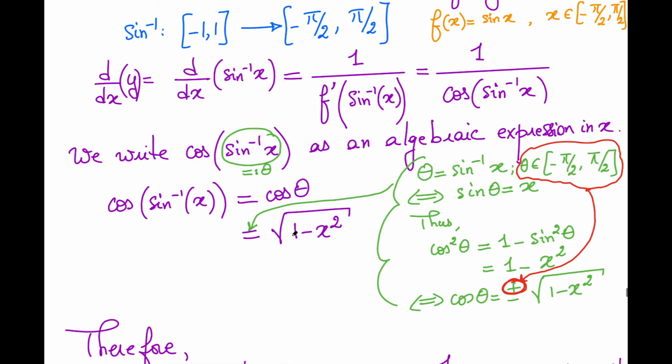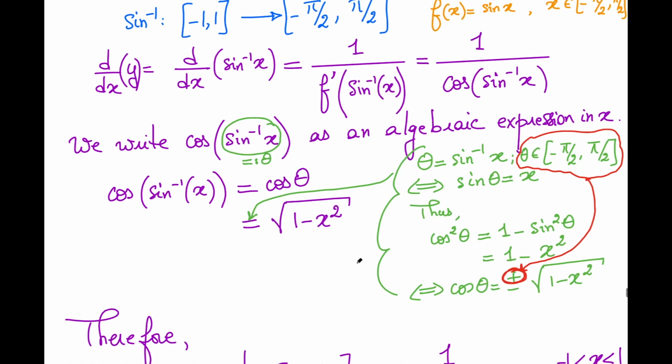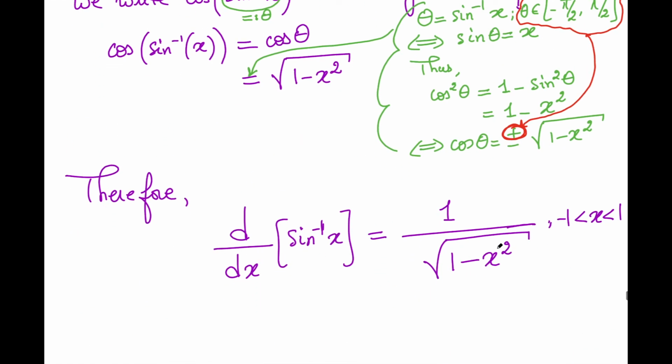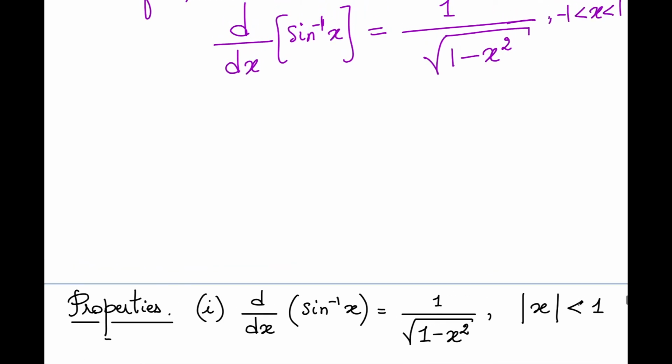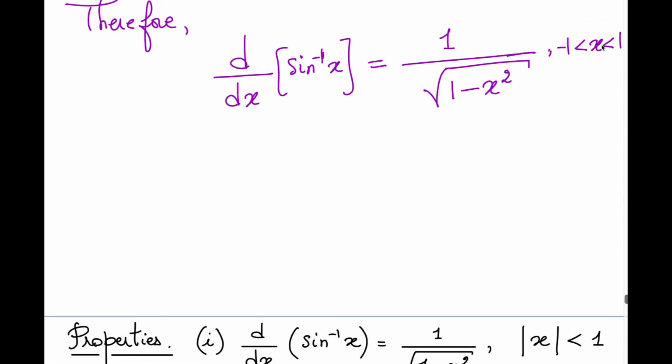It's 0 when x is minus 1, and it's 0 also when x is 1. So I'm going to throw them away, because otherwise this denominator would be 0, and the function sine inverse is not differentiable at those points. All right, so that's the next result. You see the property, this is it. And by the way, absolute value of x less than 1 means x between minus 1 and 1.